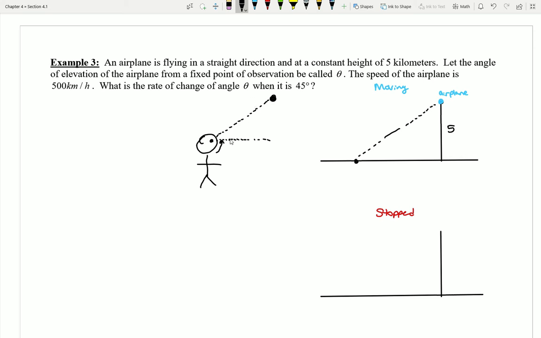How much they actually rotate their head is our angle of elevation theta. So if I imagine that a person is standing right here, and this horizontal line is where they would normally be looking, then this angle right here is my angle of elevation theta, because that's how much they had to tilt their head up to see the airplane. So that's what we mean when we talk about angle of elevation.